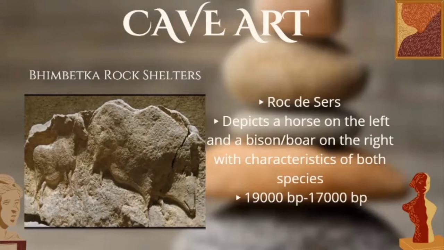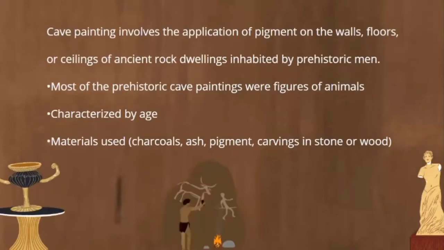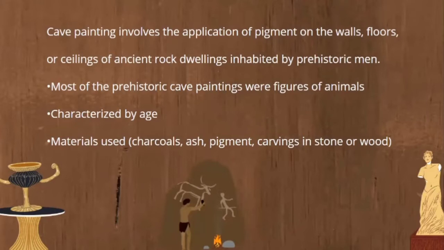So meron din tayong iba't ibang katangian ng cave painting. Let us proceed with the characteristics. Una, cave painting involves the application of pigment on the walls, floors, or ceilings of ancient rock dwellings inhabited by prehistoric men. Pangalawa, most of the prehistoric cave paintings were figures of animals.